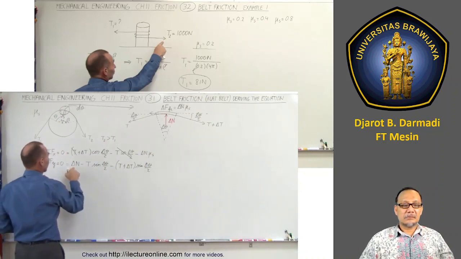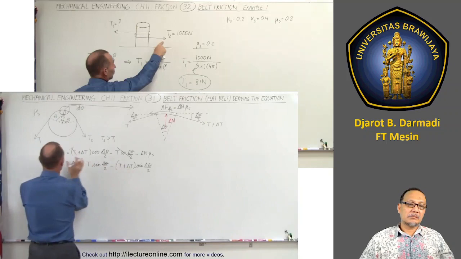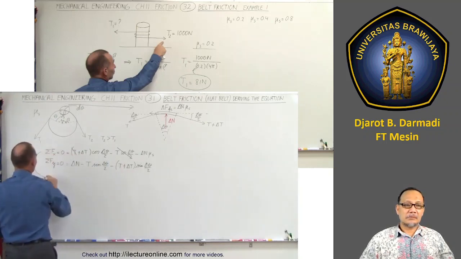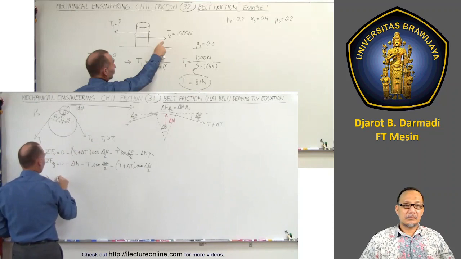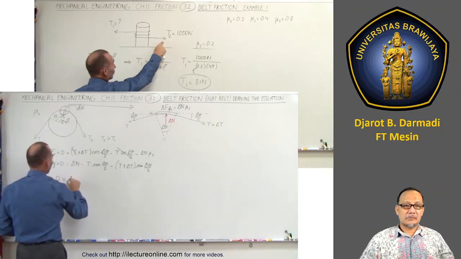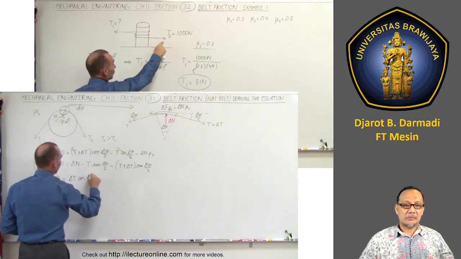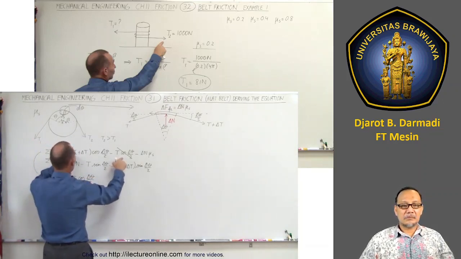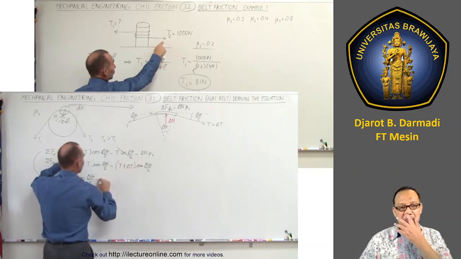So when we solve for delta n, we take those two and put them on the other side. So basically, the second equation then becomes the following. 0 is equal to delta t times the cosine of delta theta over 2, and then this is gone, and the t is gone, and then we have the minus.